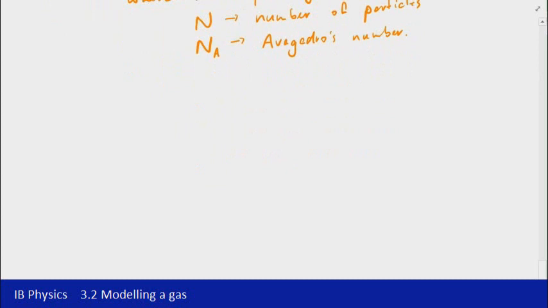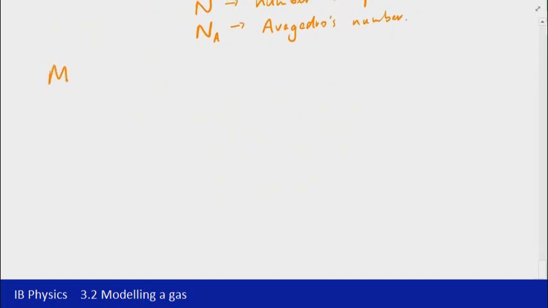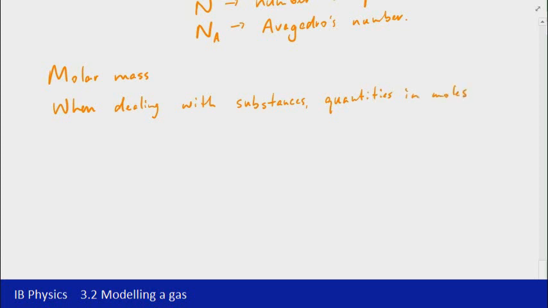It's very straightforward. What that does allow us to do, though, is start to look at relationships between moles and mass. So looking at molar mass is the next important step. When we're dealing with substances, quantities in moles are difficult to measure.